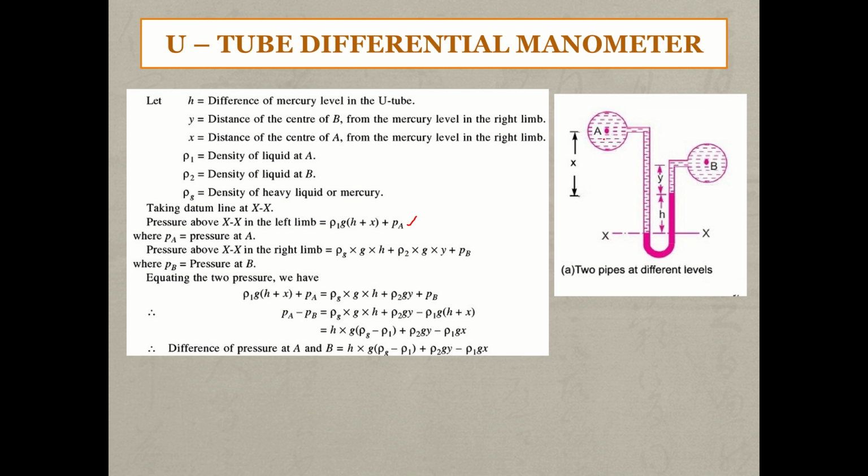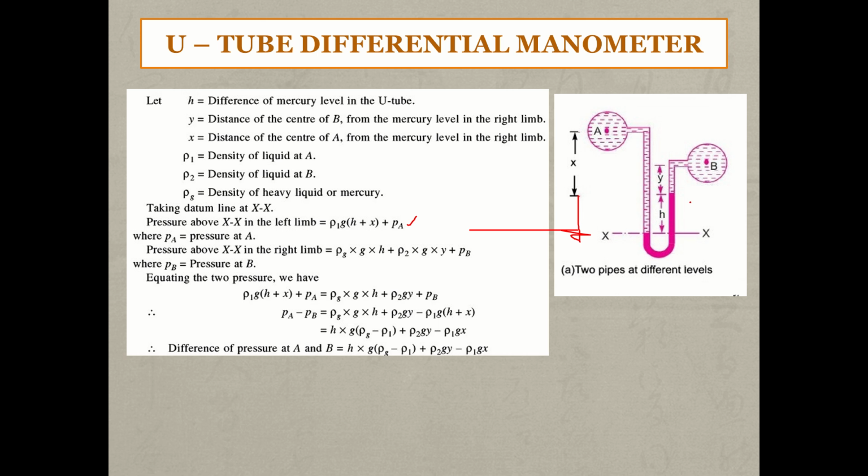The formula is rho G H, so it should be rho 1 G into height. Height is X plus H. Okay. So PA plus rho 1 G into H plus X, because from here to here it is X, but we are doing it with reference to datum. So with reference to datum, from here to here the height is H. So it is rho 1 G into H plus X.